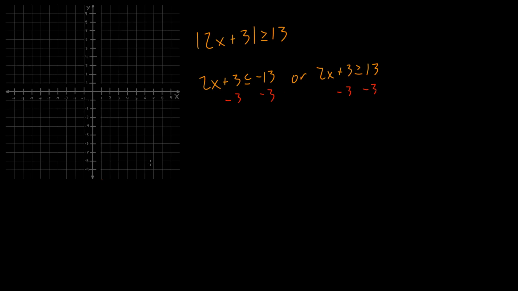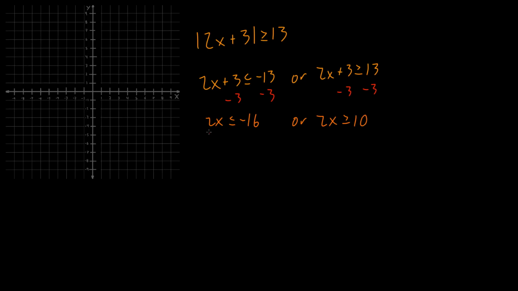And what do we end up with here? We've got 2x is less than or equal to, let's see, so this is negative 13 minus 3, so this is negative 16, or 2x is greater than or equal to 10.